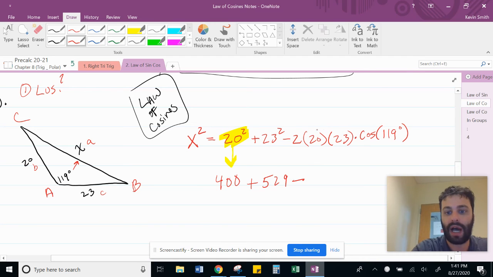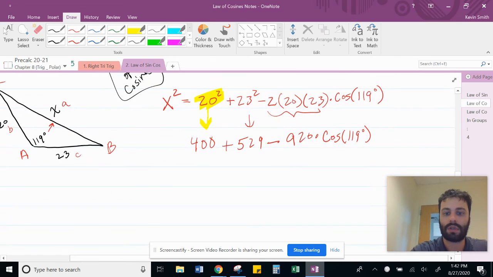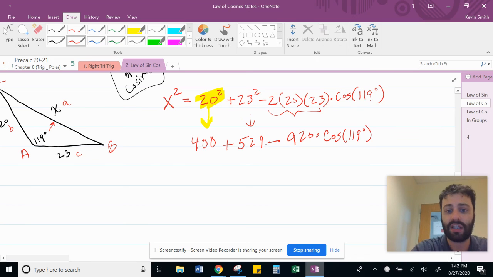minus, I like to multiply these out. So what is 2 times 20 times 23? So minus 920 times the cosine of 119. So we can do some simplifying. Remember, you cannot combine these, they are not like terms right now.